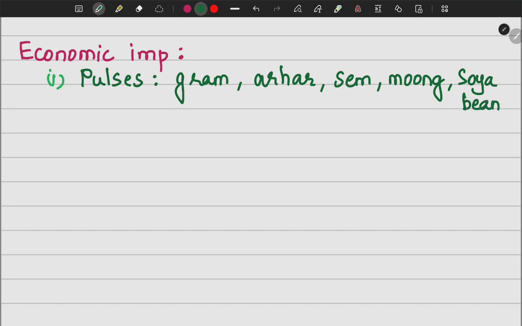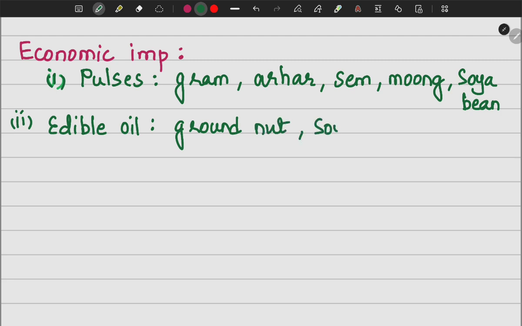All these are consumed as pulses. Then the other point about the economic importance is that some are used for edible oil purpose. Examples are groundnut and soybean.